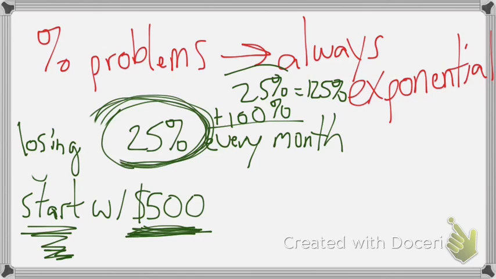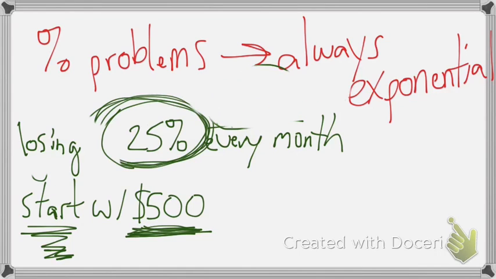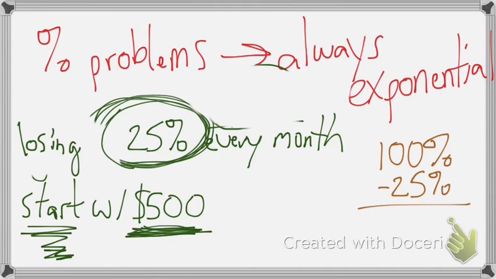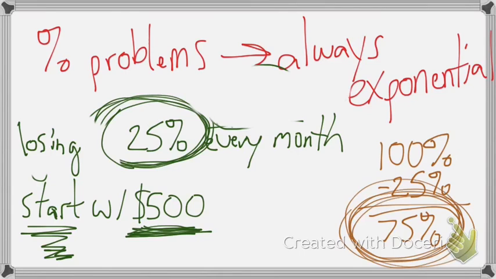Right here, we were gaining, so we added 25% to 100. But we can't do that right now because we're not gaining anything. So to figure out what we need to multiply by, we need to take our 100% and then subtract the amount that we're losing. Okay, 100 minus 25 would be 75. So 75%, that's how much we're going to have the next month.